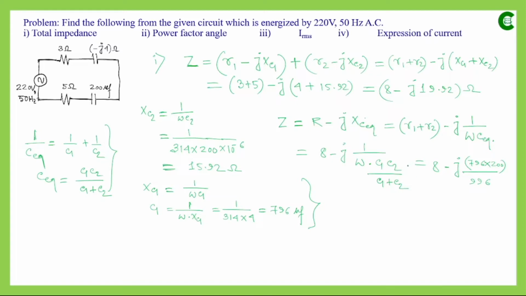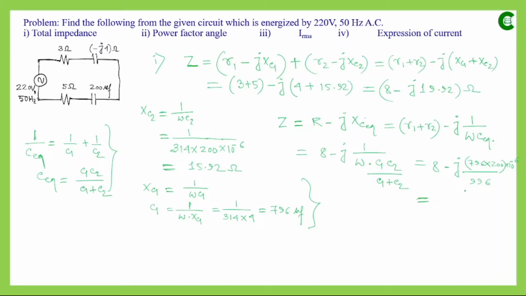So in the numerator 10 to the power minus 12, in the denominator 10 to the power minus 6. So finally in the numerator we will have 10 to the power minus 6.